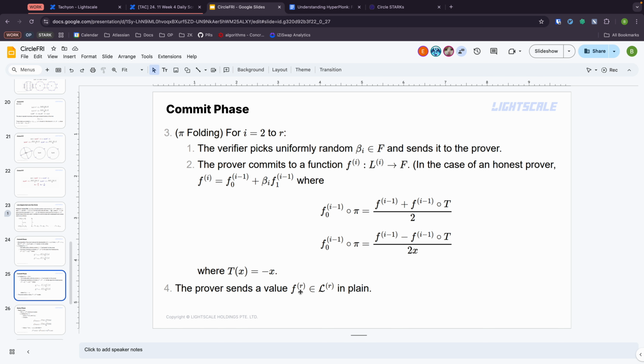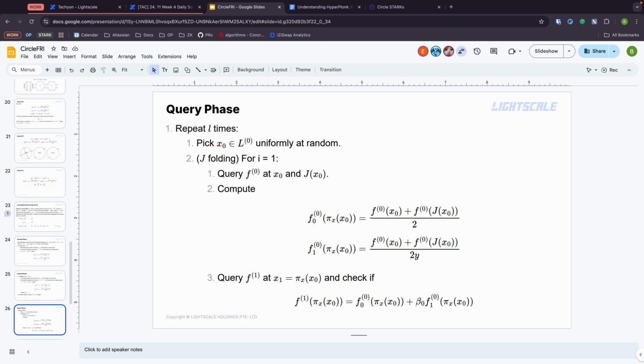And in the final step, after all the folding, we just send the final result in plain. In the query phase, we take the initial x0 uniformly from the initial domain, and then first verify the J folding here. So we query F0 at x0 and the inverse.